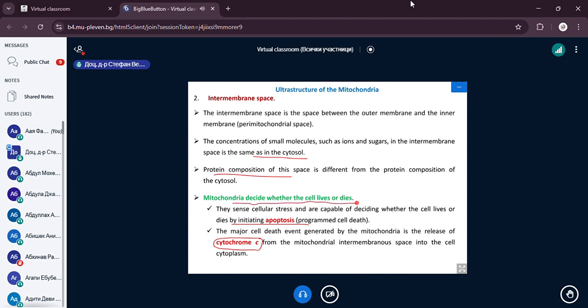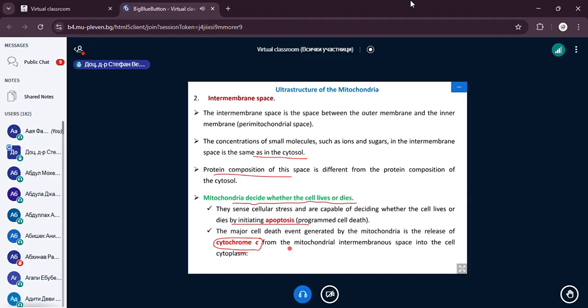If the cell is designated to go towards cell death and to disappear, mitochondria release this cytochrome C from the intermembrane space into the cytosol, and this cytochrome C triggers a series of enzymatic reactions in the cytoplasm, eventually leading to destruction of the cell.